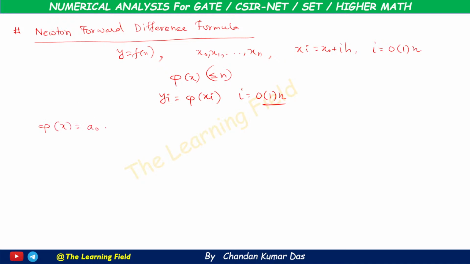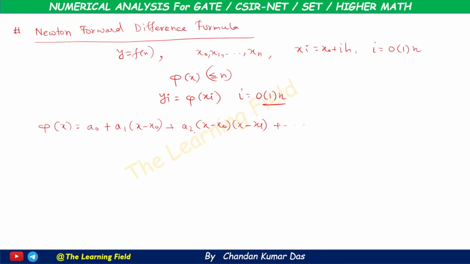This is equal to a0 plus a1 into (x minus x0) plus a2 into (x minus x0) into (x minus x1) and so on. We can take this form of phi(x).